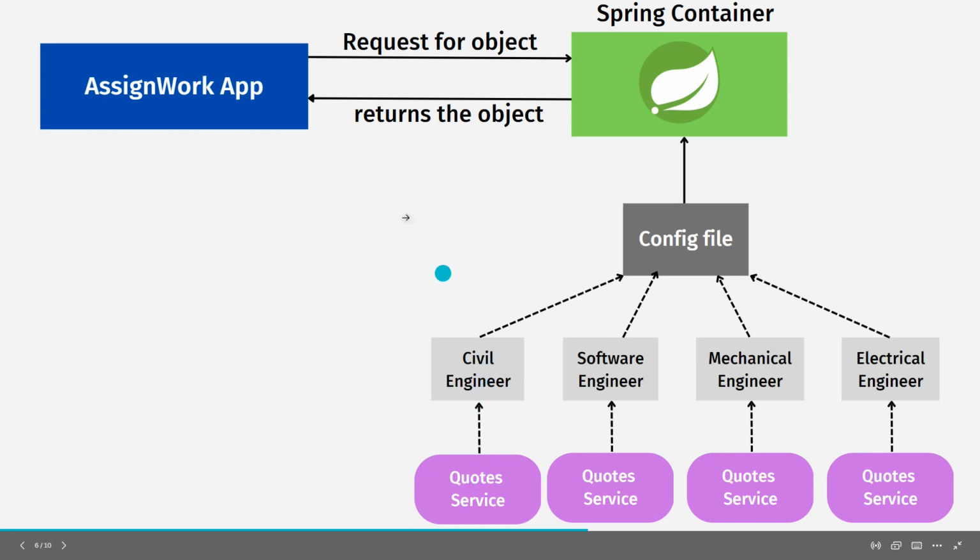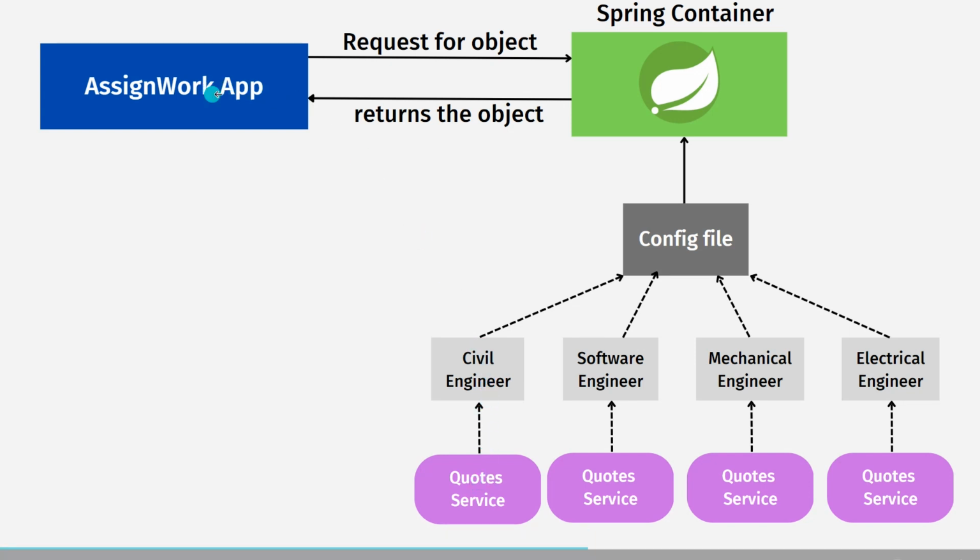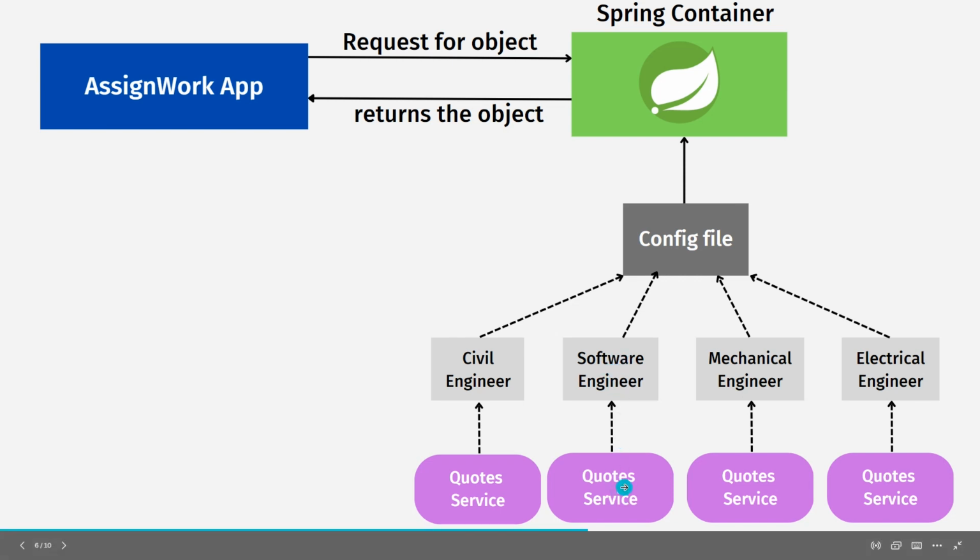Now whenever our application requests an object from the Spring container, it will look into this config file. Let's assume that we are creating a bean of software engineer. Now we also need to initialize its dependency, and we will use the constructor for that.